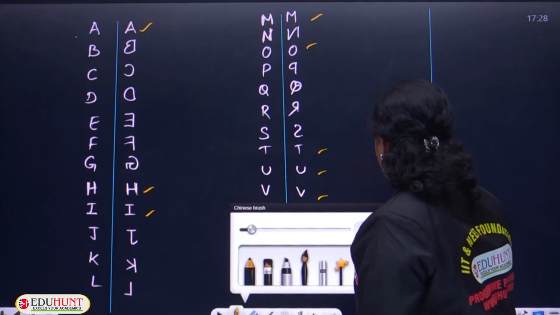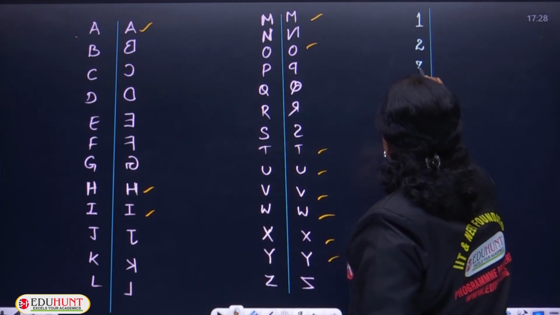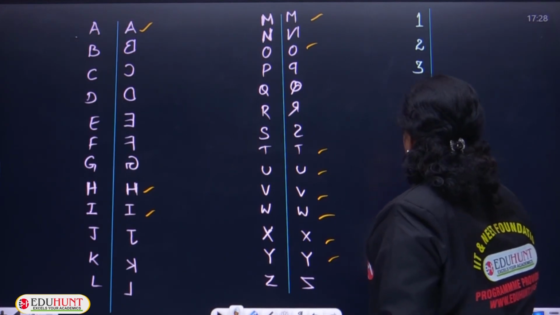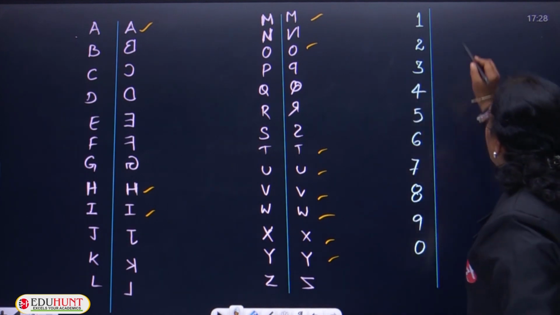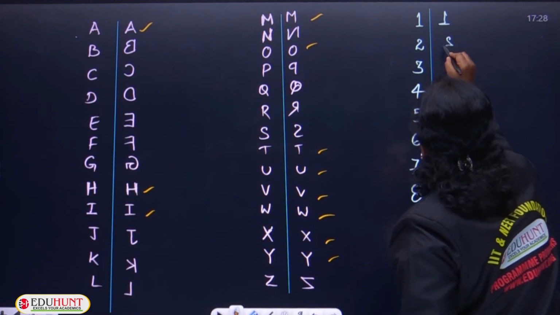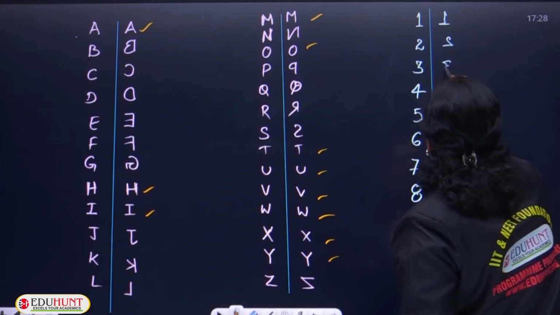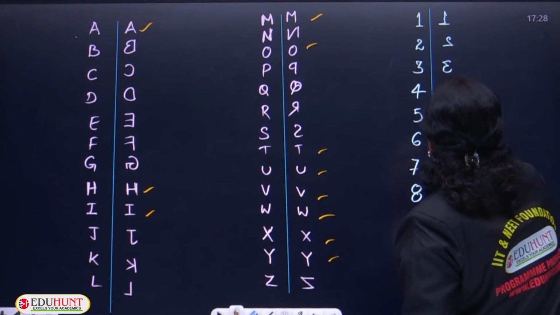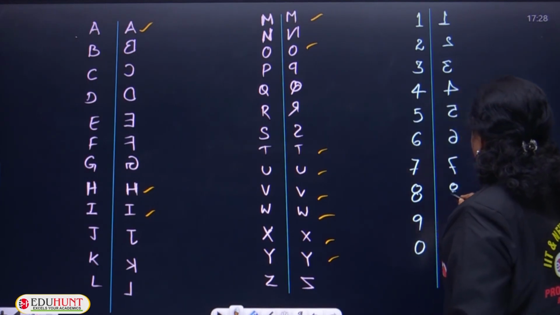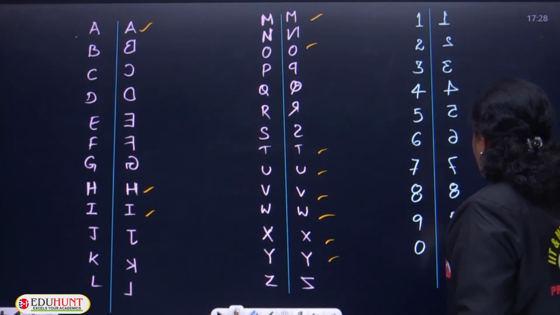Similarly, if we observe the numbers like 1, 2, 3, 4, 5, 6, 7, 8, 9 and 0, 1 shows lateral inversion, 2 also shows lateral inversion, 3 also shows lateral inversion, 4, 5, 6, 7, 8, 9 and 0.